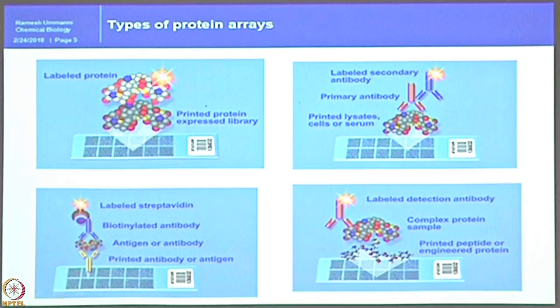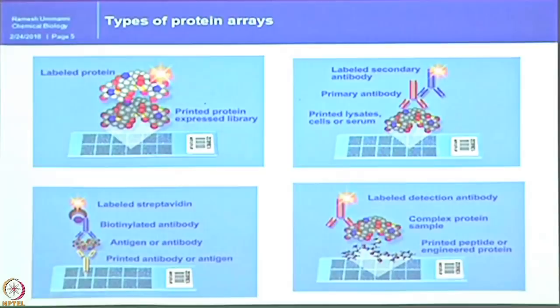This protein is not labeled here, which is why we need a detection antibody. The detection antibody can be any biotin-related antibody or one of your choice. Then you can detect the captured protein by looking at the signal. I will explain the different signaling methods that can be used. And here is the real approach we are going to talk about for the next half hour or 45 minutes.